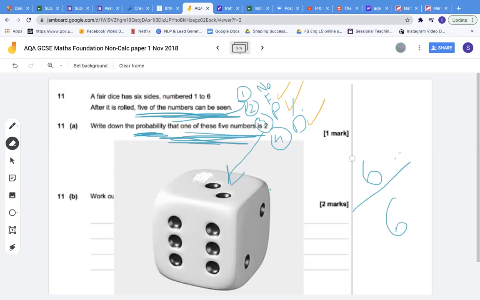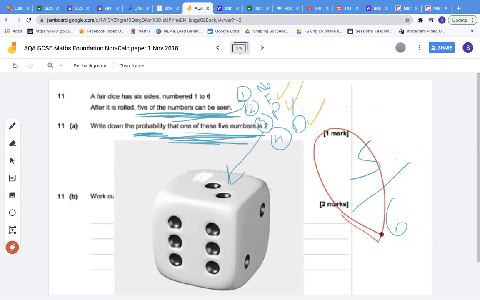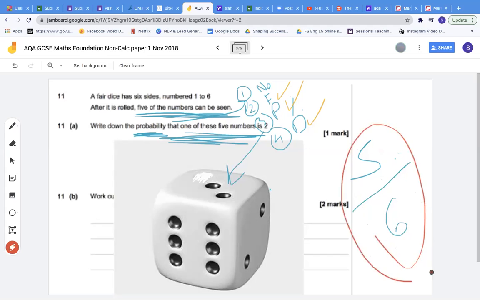Can you explain why 5 over 6 is the probability? Because once you roll it, there are only 5 numbers that you can see visually, so there's a higher chance of those 5 numbers being 2.